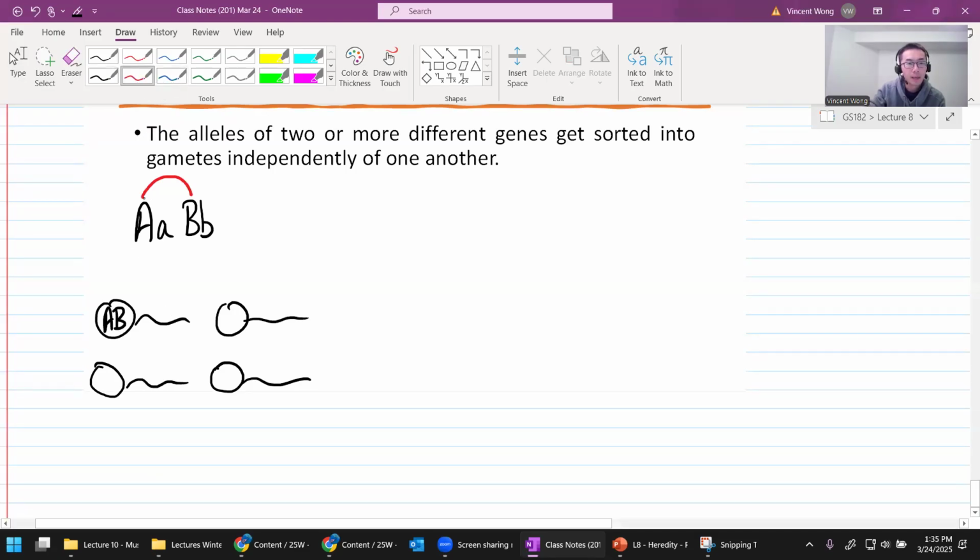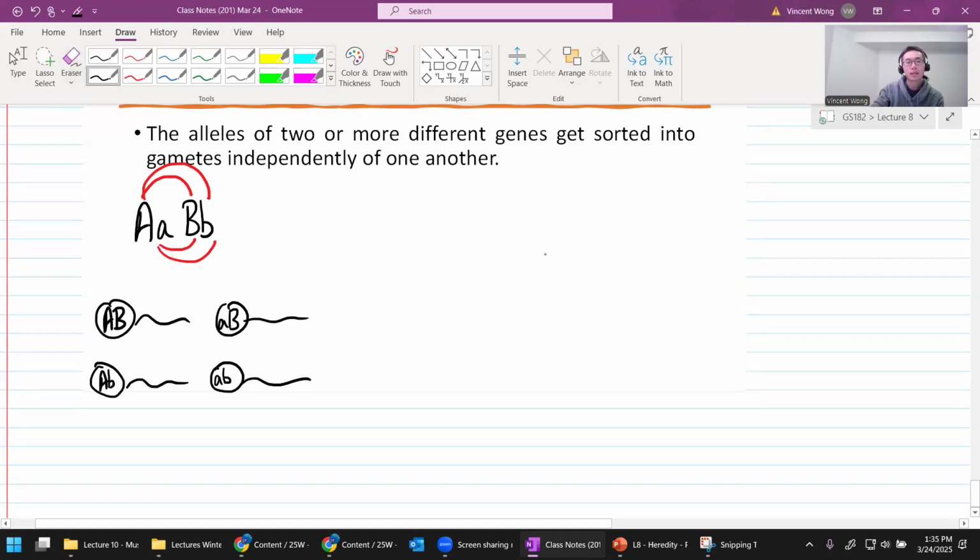But the big A can also be in the same gamete as the small b. Similarly, we can have small a and big B, or small a and small b. So there are four possible combinations.